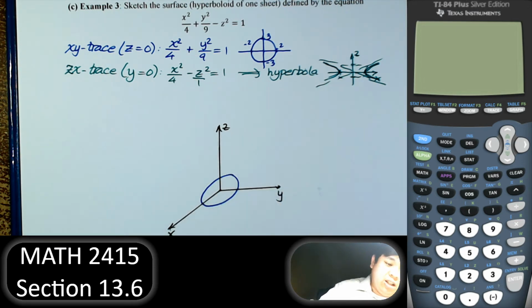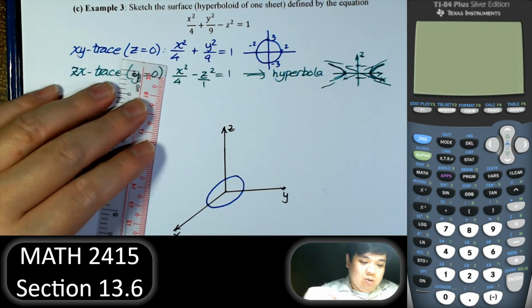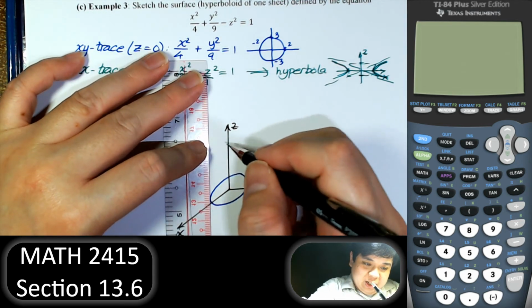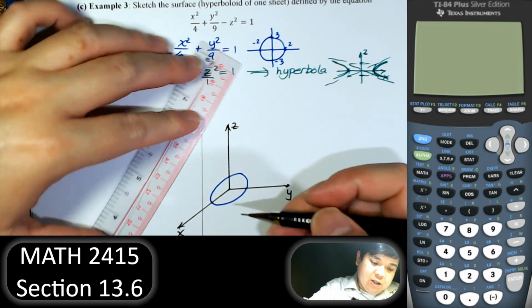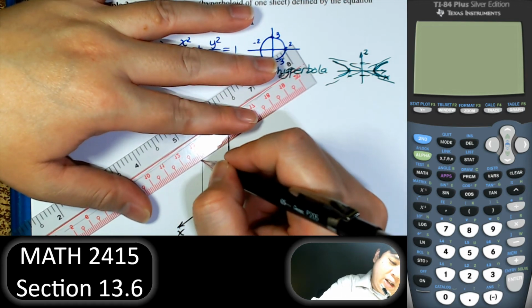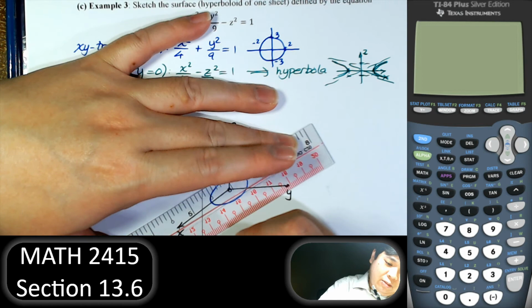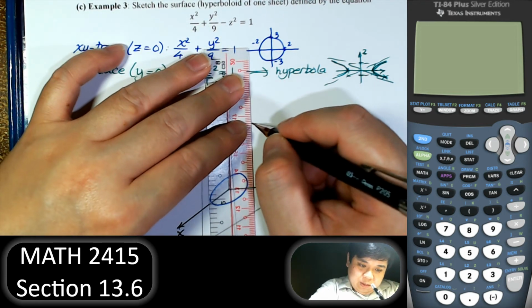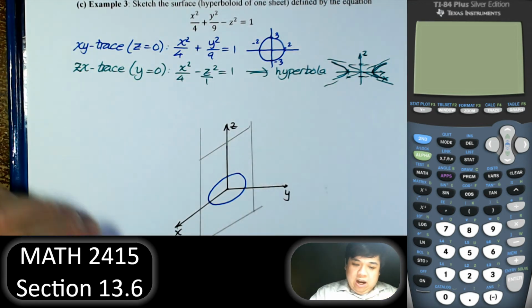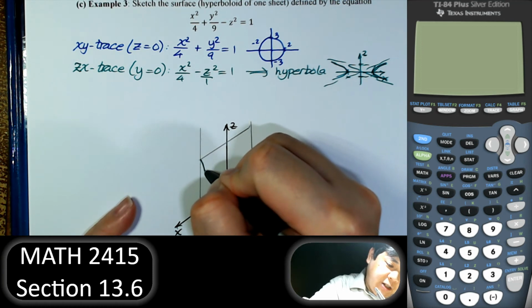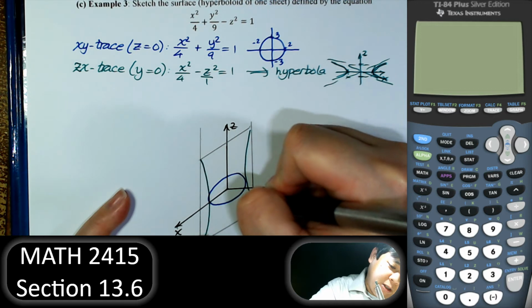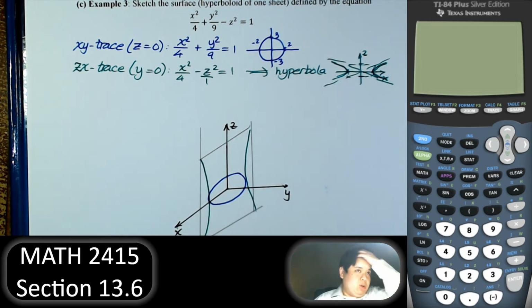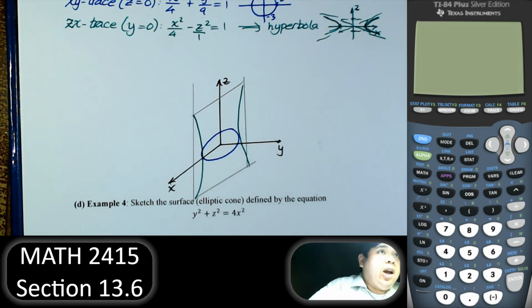If we look at the xz trace, let's try to be a little more careful here. Xz trace, right? So let's draw in the xz plane. We have a hyperbola on the xz plane.